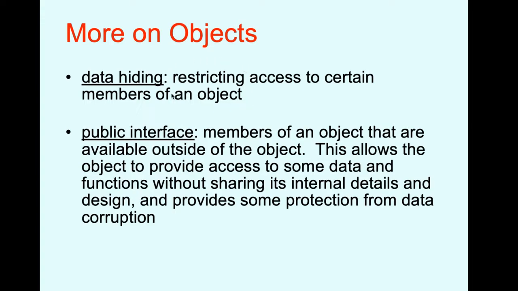When they are inaccessible, we are hiding the data, and this mechanism is called encapsulation. If you remember, there are four pillars of object oriented programming: data abstraction, encapsulation, inheritance, and polymorphism.